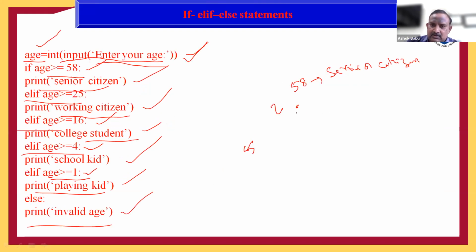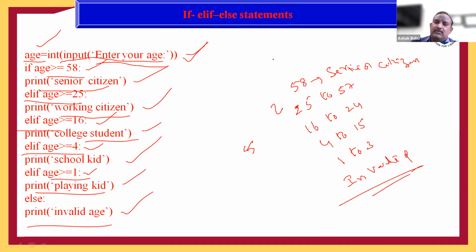The next is age 16 to 24, the next one is 4 to 15, then 1 to 3. Then the other one is invalid age.